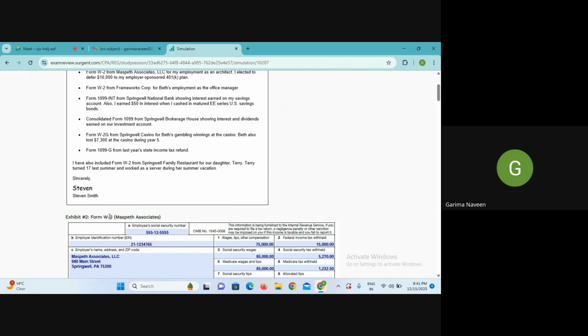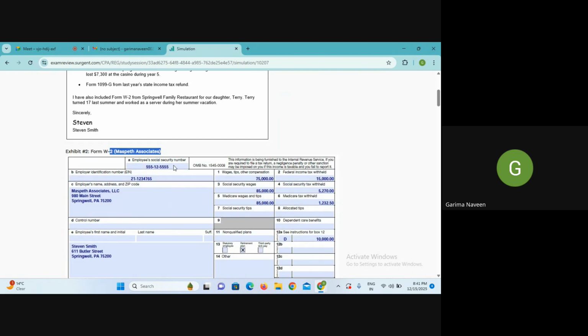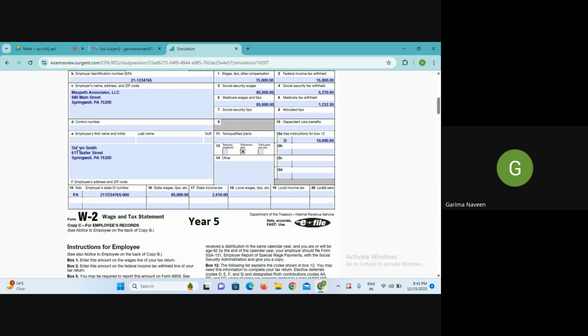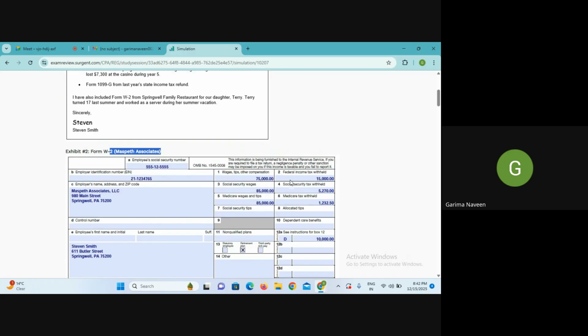So this is a Form W-2 from Misfit Associates. So Form W-2 basically reports the salaries and wages. So it is of Steven Smith and his wages and other compensation are mentioned here.